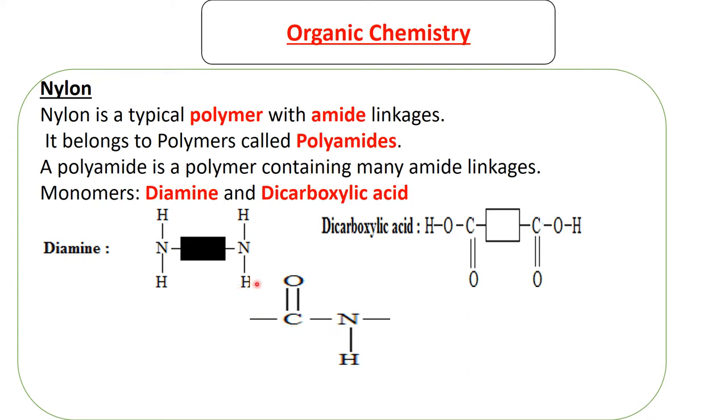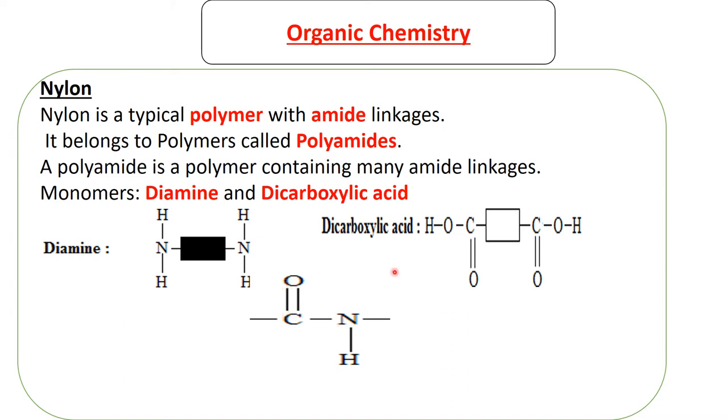So what happens is diamine is going to provide N and H, meaning that here it's going to lose one H, and then the N and the H are going to connect to the dicarboxylic acid. On the other hand, the dicarboxylic acid is going to lose the OH, and then this carbon will connect with the N. That's what's happening here. You shouldn't be confused, it's just that it is flipped.